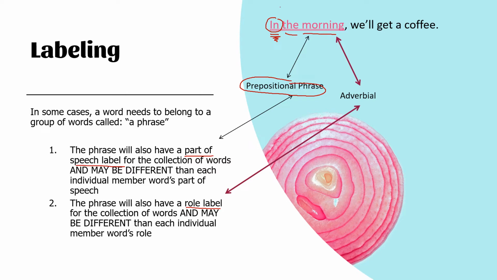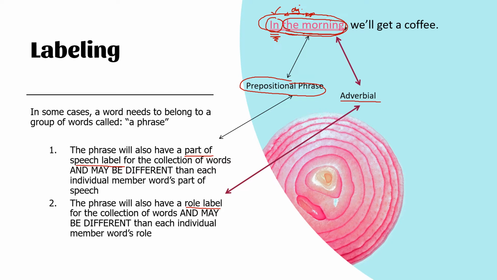When I have a preposition, the noun phrase that comes after the preposition has the role of being the object of this preposition. So even though I have a preposition with an object, as a group, this whole phrase acts as an adverbial.